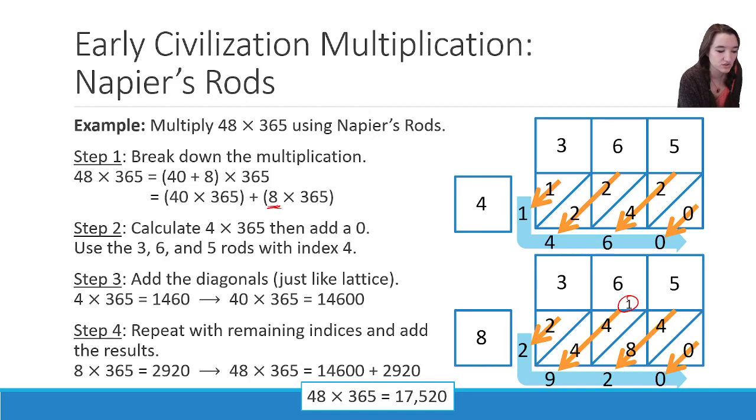In this case, we actually wanted 8 times 365, so we don't need to tack on any zeros. We can just add the result. So it'll be 2920 plus 14,600, and that will be 48 times 365, which is in fact 17,520.